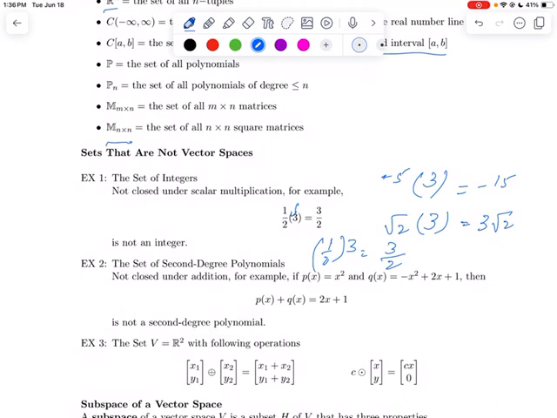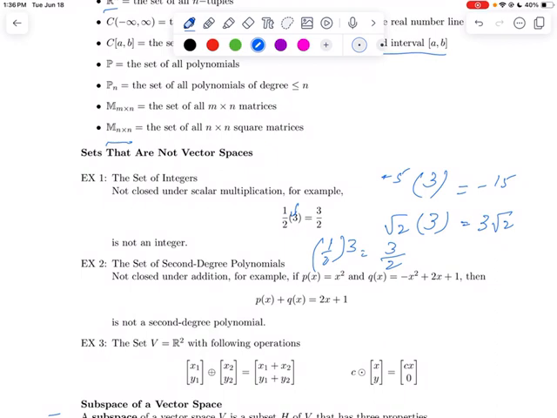So this is what we need to do if we are asked to check whether it's a vector space or not. Think about picking vectors from the set and applying those axioms or those statements to the vectors that you picked, and see if that works or not. If you can find one example where it doesn't work, that is enough.